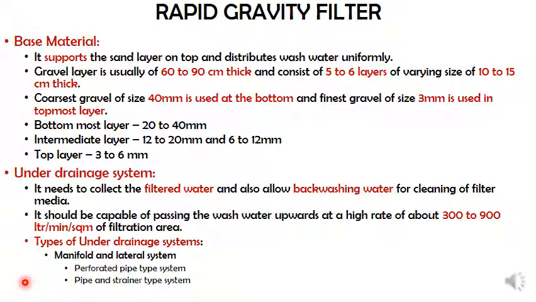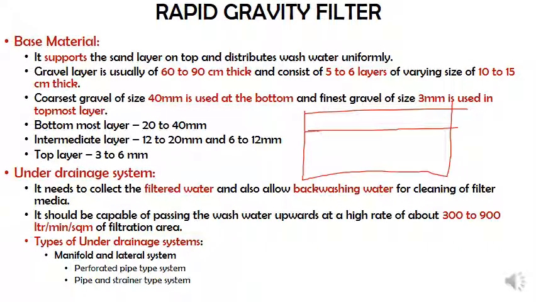With respect to this layering system, imagine this as our rapid gravity filter. First you have your sand, that is the filter material, then we have your gravel layer or base material, then we have the under drainage system.